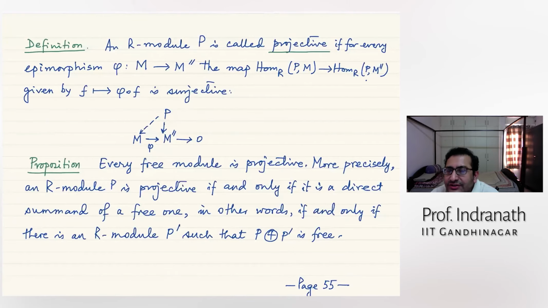So now you can understand more or less that exactness is essential, because otherwise it will not happen. And note that the image of this map is contained in this, and therefore you are able to use the projectivity.